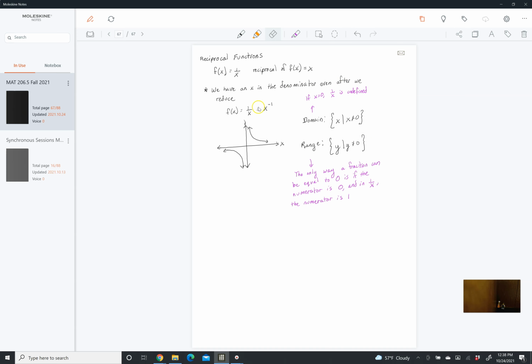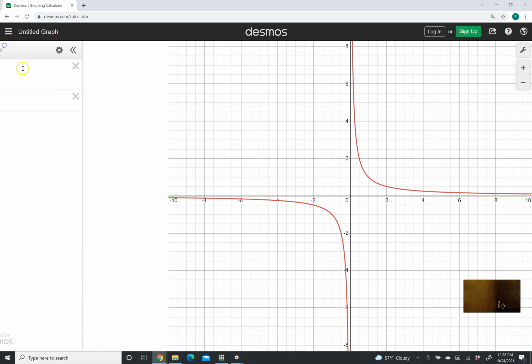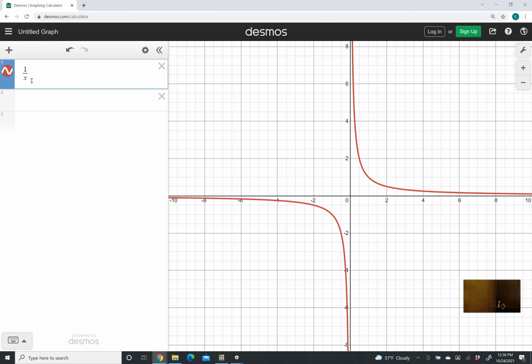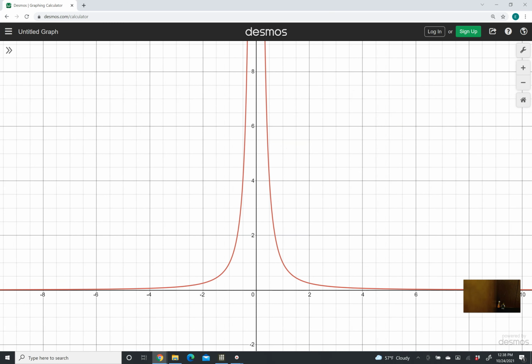Let's take a quick look at 1 over x squared. So 1 over x squared is still a reciprocal function. If we look at the graph of 1 over x squared, you can see it's similar, but instead of being in opposite quadrants, they're in adjacent quadrants, quadrants that are next to each other.